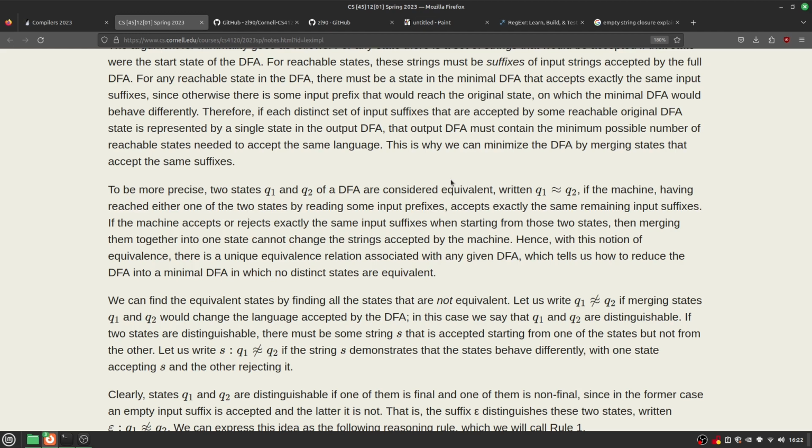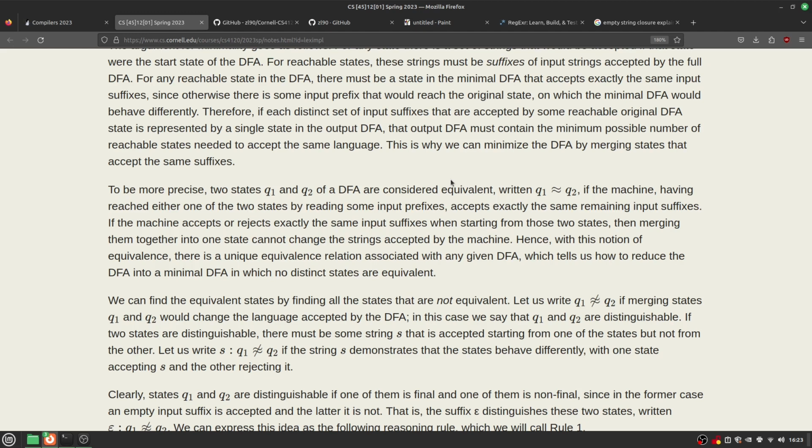Wait. Two states, Q1 and Q2, are considered equivalent if the machine, having reached either one of the two states by reading some input prefixes, accepts exactly the same remaining input suffixes.